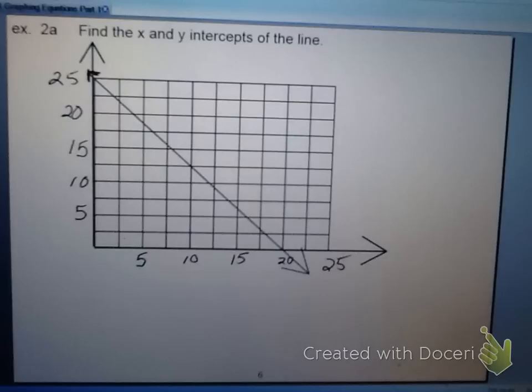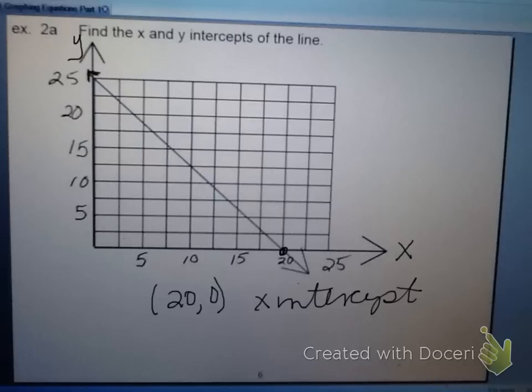Example 2a, find the x and y intercepts of the line. So you can tell by looking at this coordinate plane, this is your x-axis, this is your y-axis. The x-intercept is right here. That is the ordered pair 20, 0 is the x-intercept. Then we have the y-intercept, which is 0, 25. That is the y-intercept.